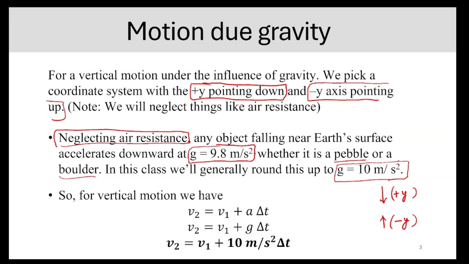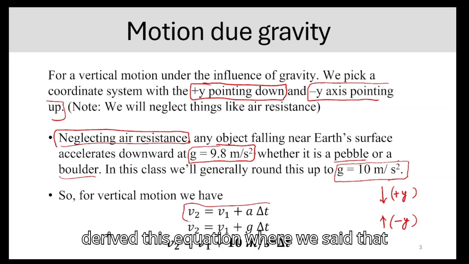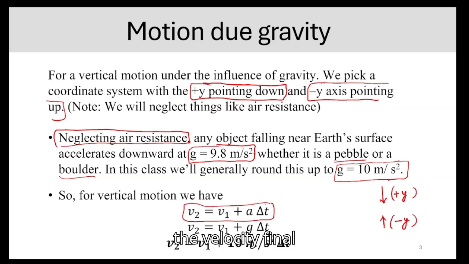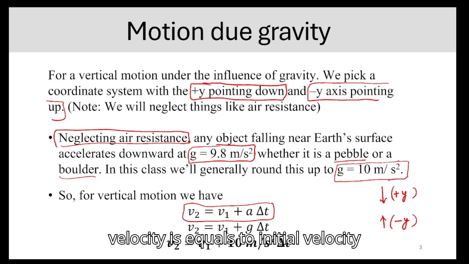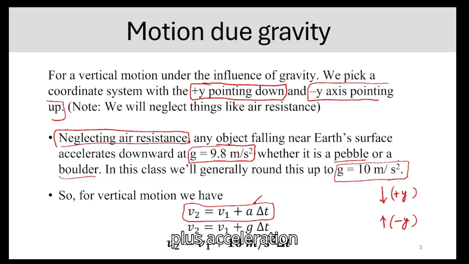In the last section we derived this equation where we said that the final velocity is equal to initial velocity plus acceleration times time interval.